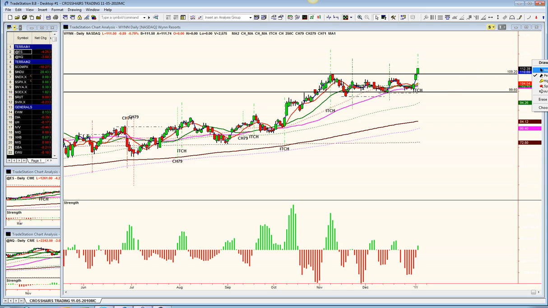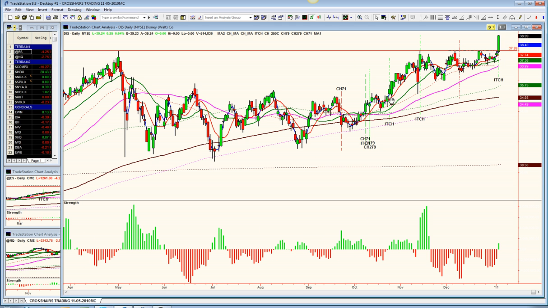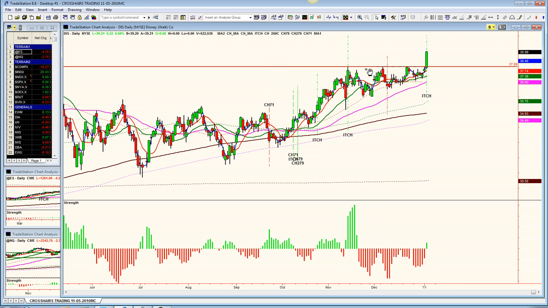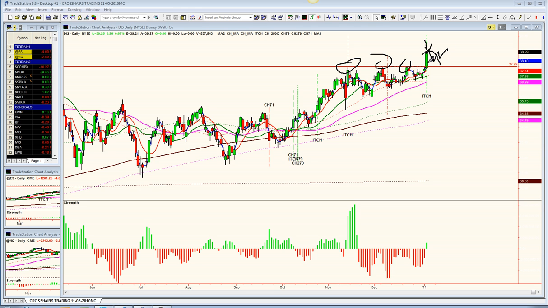One more. Disney, DIS. The Crosshairs traders had traded this one back here. It went up to a resistance level, which we determined. It has hit it 3 times. Now it is breaking out, giving us a signal. However, because of the general market, we're going to wait, let this settle down, maybe come back and test.